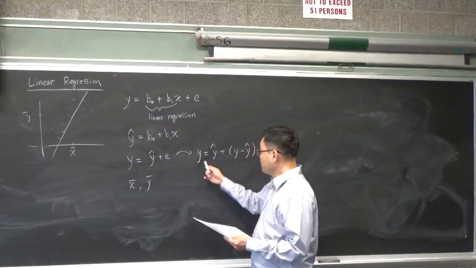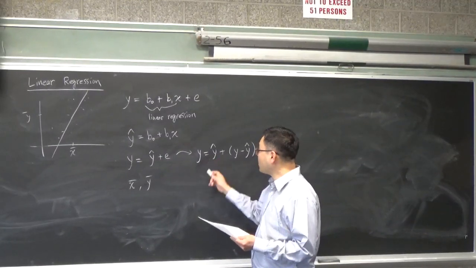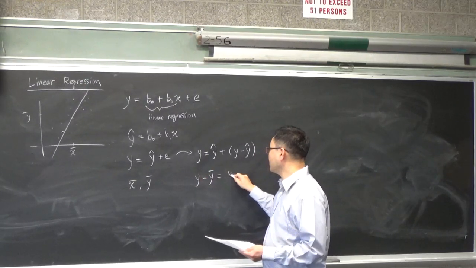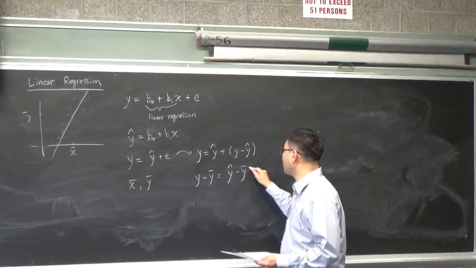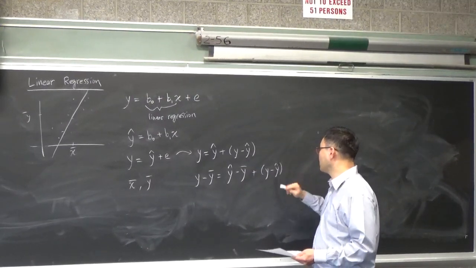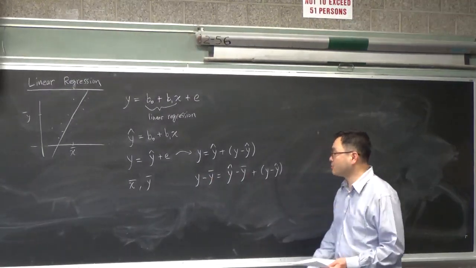And then we can subtract y bar both sides, and then we get y minus y bar equals to y hat minus y bar plus y minus y hat. So all I did was I subtracted y bar both sides.